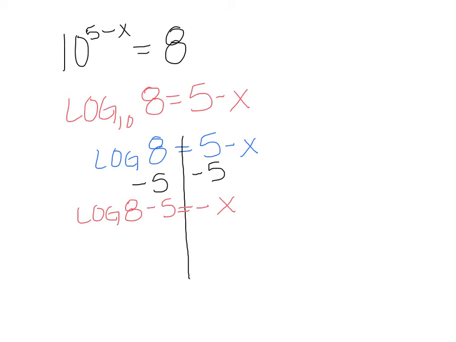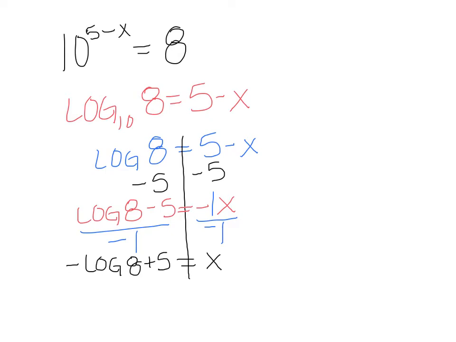There's one last thing we need to do to isolate x, and we need to get rid of that negative. Remember, that's negative 1 times x, so I'm going to divide both sides by negative 1. So we end up with just x by itself on one side. We have the log of 8 divided by negative 1, which is negative log of 8. And then we have minus 5 divided by negative 1, which is now a positive 5.